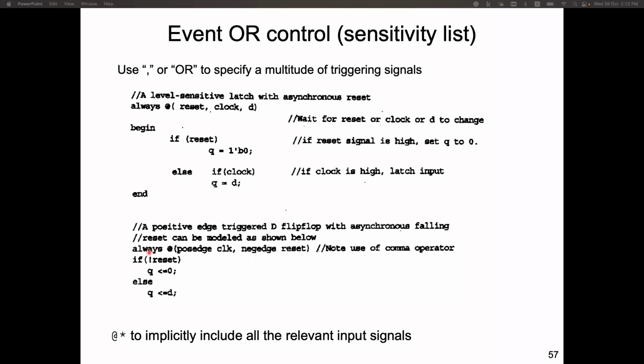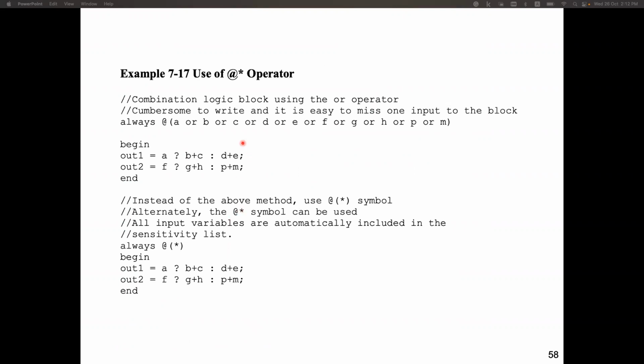Sometimes we have a long sensitivity list, and if the sensitivity list is long, coding will become very clumsy. And we can use this @* to implicitly include all the relevant input signals. As shown here, we use @ and the star operator. So this is an example.